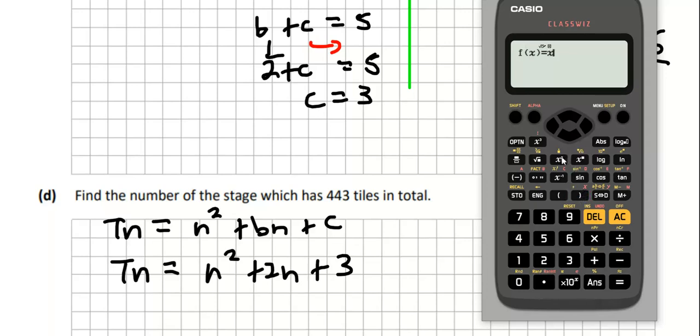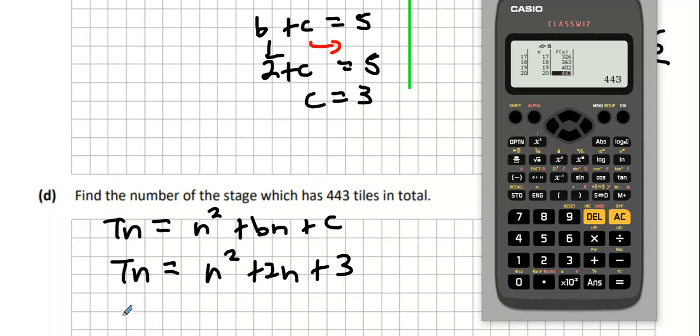I can do x squared plus 2x plus 3. I can start at 1, end at 25 for argument's sake, with a step of 1, and look at all these numbers. We can see that T10 has 123 tiles. If we go as far up as T20, T20 has 443 tiles.